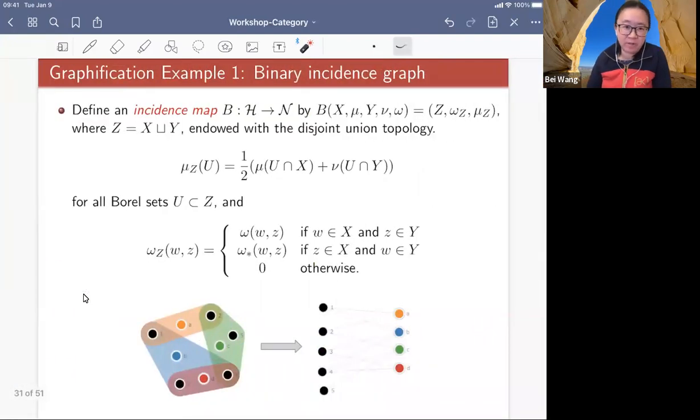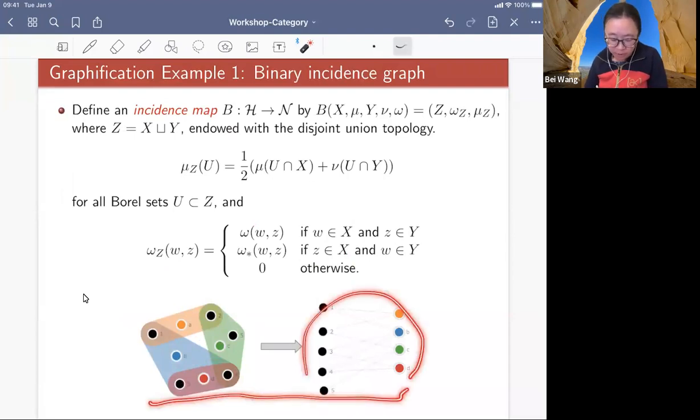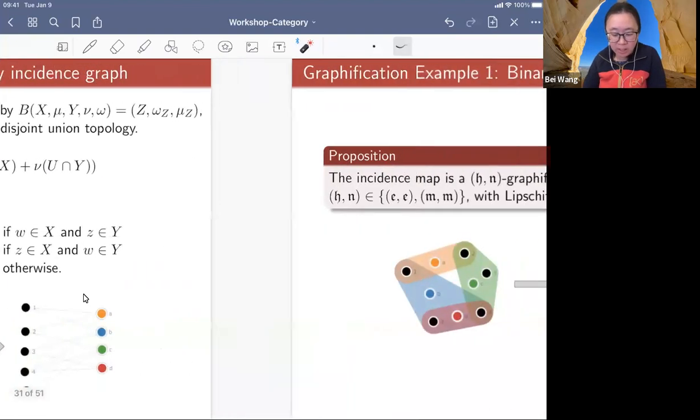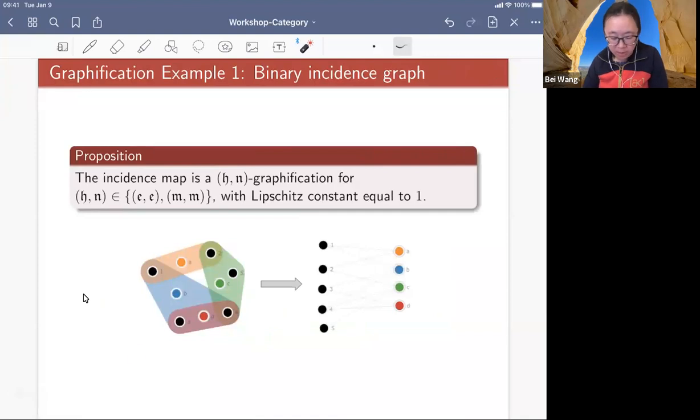The idea on the high level is if you look at the space of hypernetworks and map it to the binary version, and there's a specific way to design how the hypernetwork function is, then under a specific way to design the probability distribution as well as the relation between nodes and hyperedges, you can show that this map, from the category of hypernetworks to the category of binary incidence networks, is a proper graphification with Lipschitz constant equal to 1 in both the expansive and measure preserving categories.